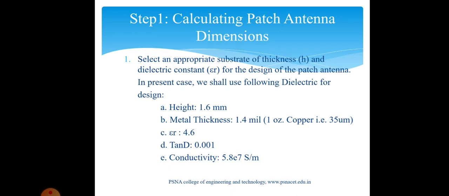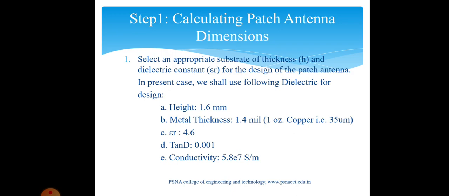Then we can go to any software package or tool. Select an appropriate substrate as a first step, that is the thickness and the dielectric constant epsilon r for the design of the patch antenna. So first we'll talk about the substrate material.